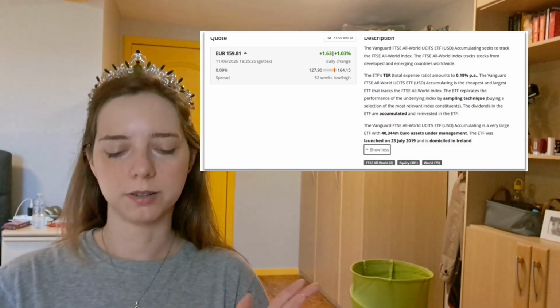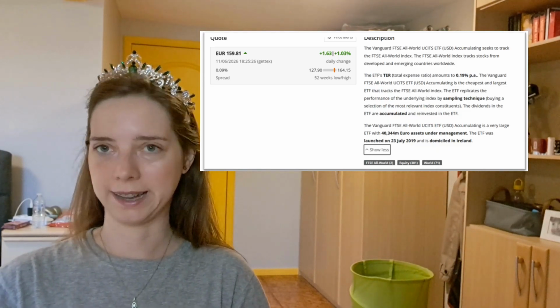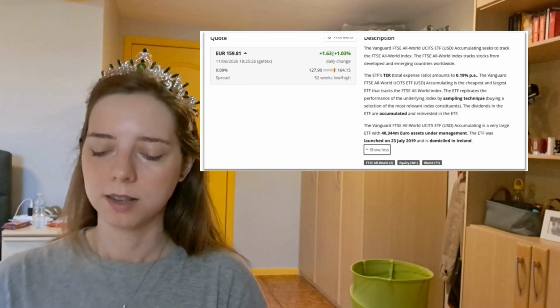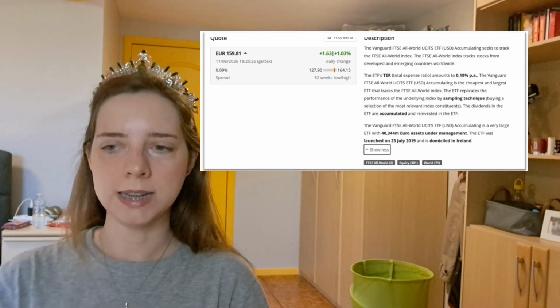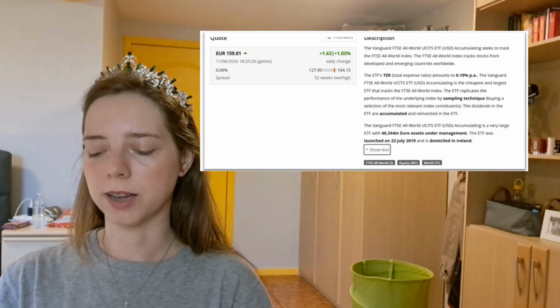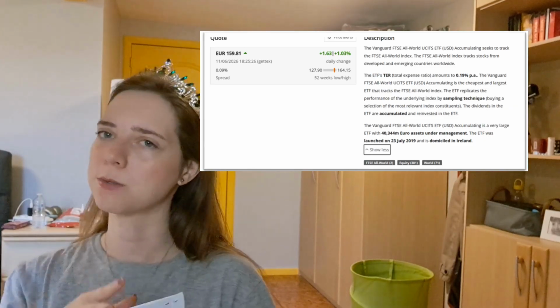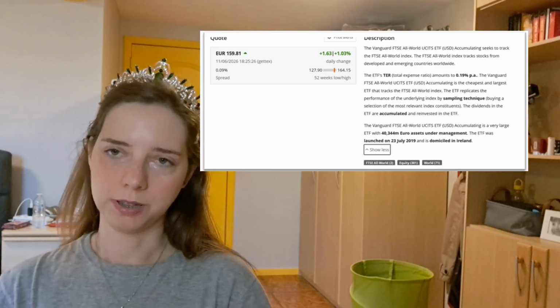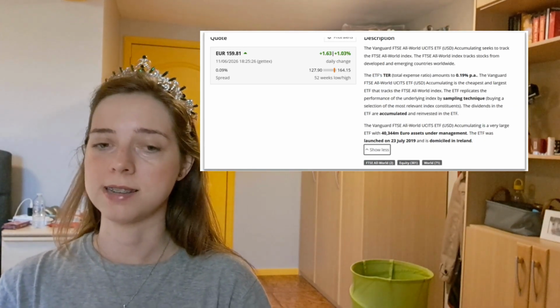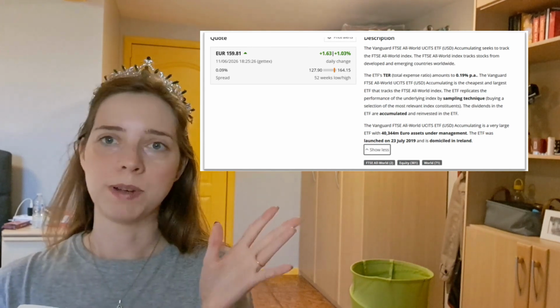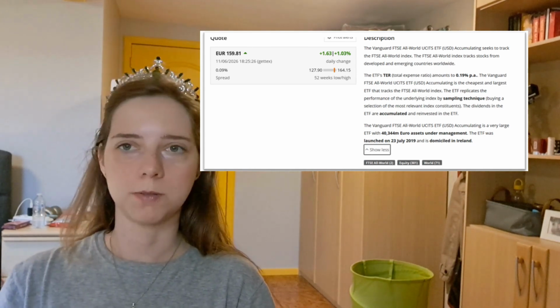So it's not a full replica. I don't know enough about the index to know if that's good or not. It's a pretty popular ETF. I feel like Vanguard is also a well-known institution. It's quite a big one, so I'm not really worried. If their advisors are saying these are the better shares, then I'm just going to take it.